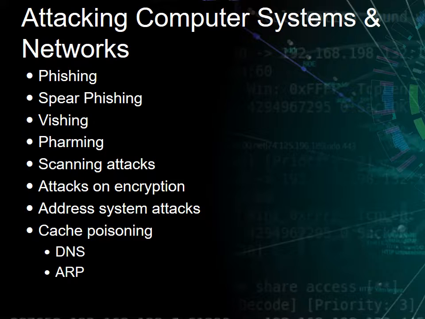Attacks on encryption usually are due to weak keys. You're using, let's say, a 40-bit key instead of a 128-bit key for a symmetric algorithm, or weak passwords. It could be an exhaustive search of key space.